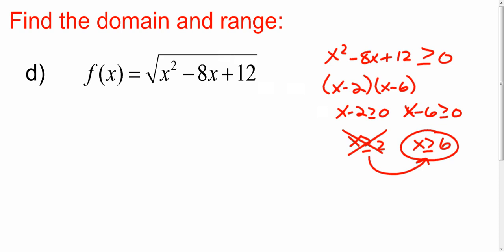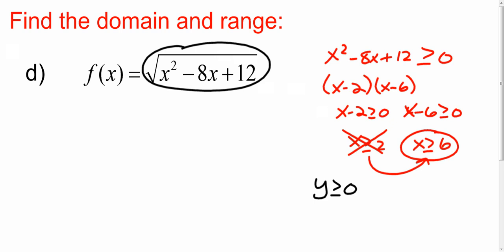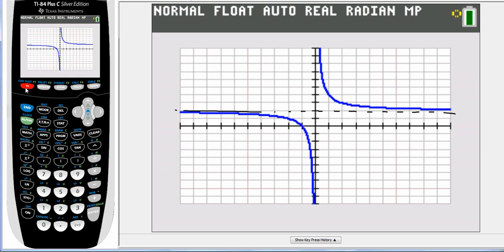Then, when you take the square root of a quantity, the smallest number you can take the square root of is 0. And the square root of 0 is 0. So the smallest output you're going to get will be 0. So I already know that my y values have to be greater than or equal to 0. I'm going to confirm all of this really quick on a graph.